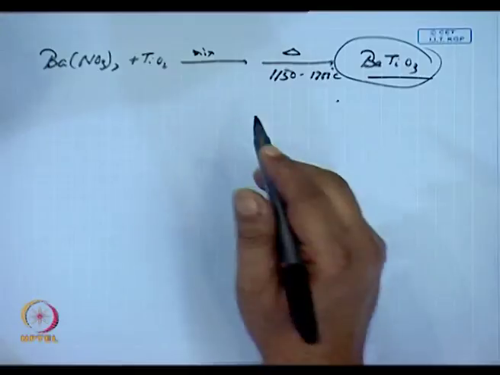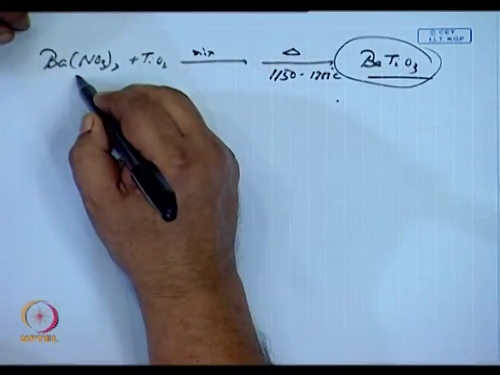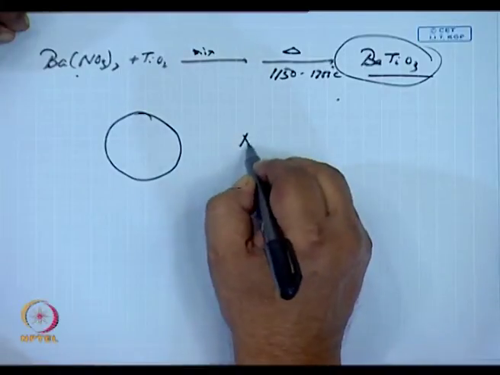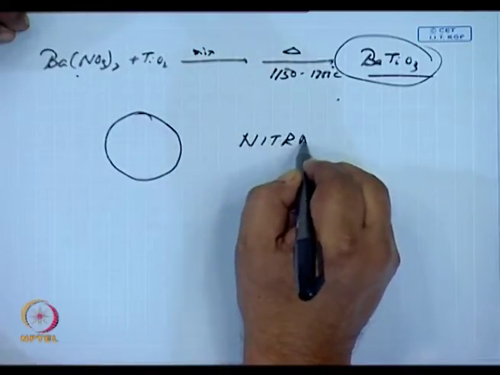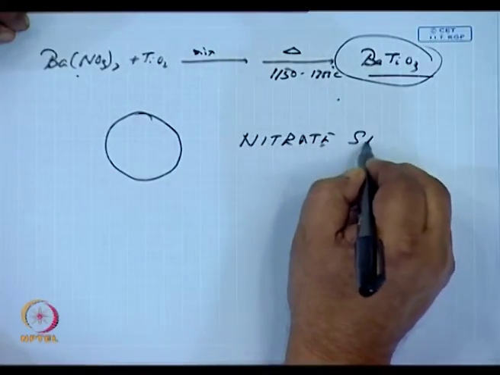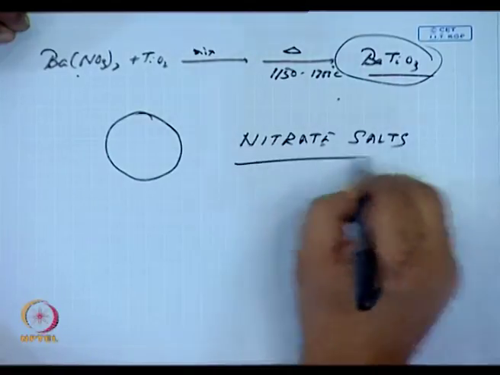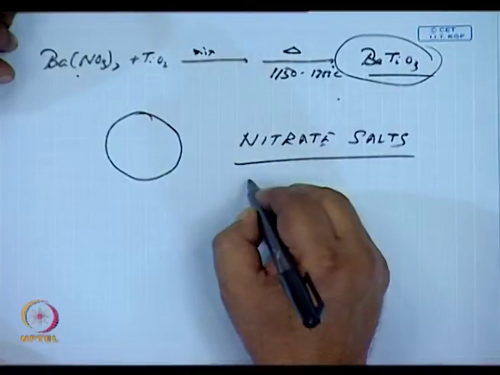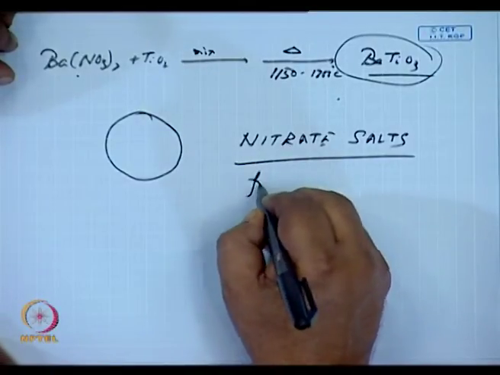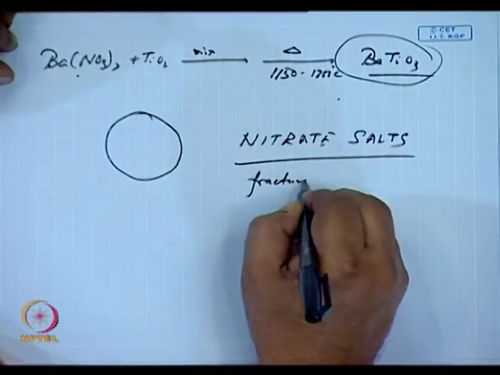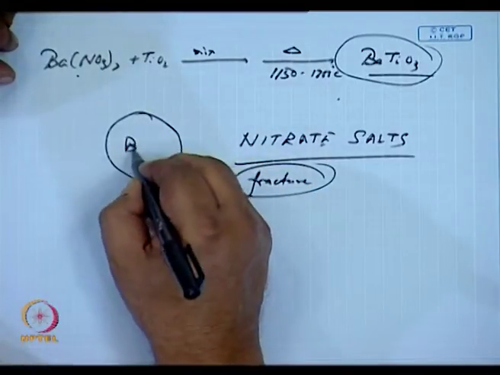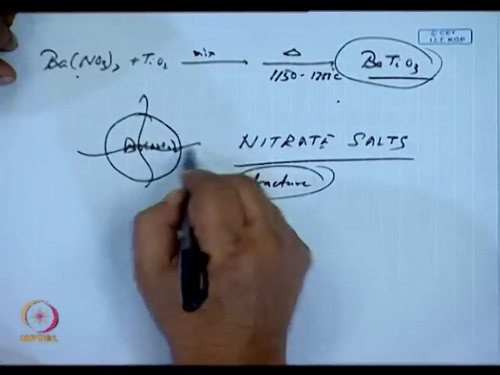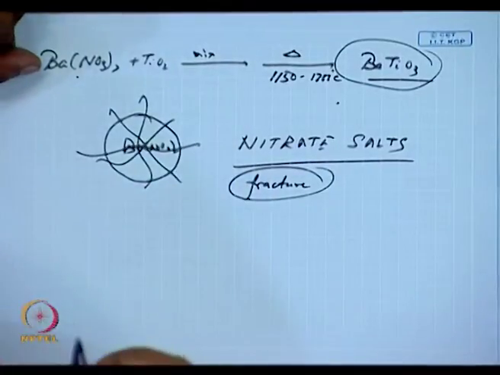And the reason is very simple. The reason is most of the nitrate salts, when heated, they fracture. So when this barium nitrate is heated, it breaks up into very fine pieces.